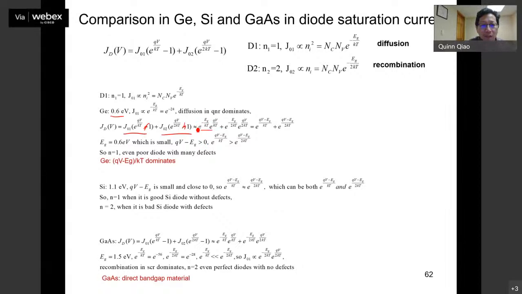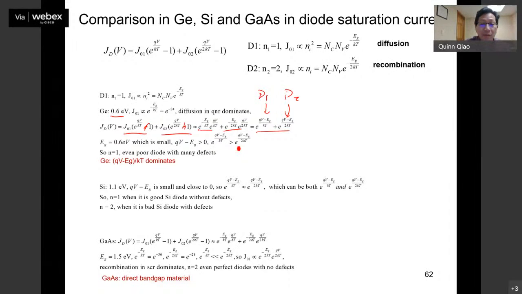This is D1, this is D2. Since Eg is so small, qV minus Eg should be positive, and the denominator here is 1 kT, here the denominator is 2 kT. Now which one is bigger?